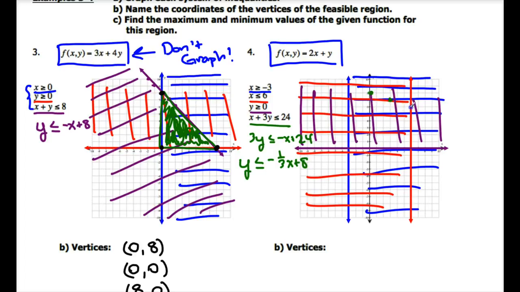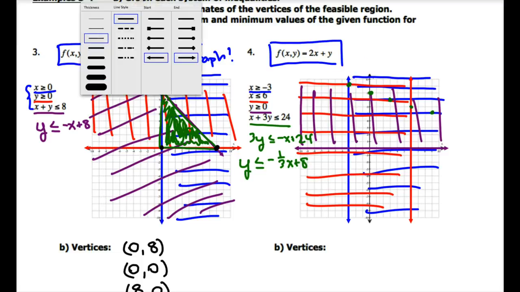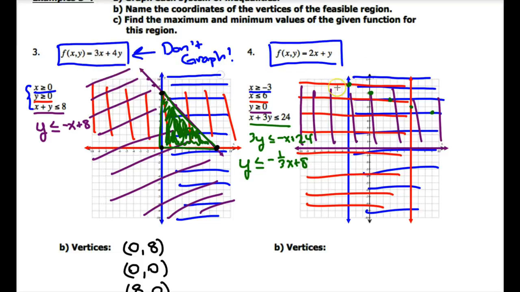Again, it's important to use a ruler when you're doing this so you can get your intersection points correct. Okay, so that's going to be this line right here. And for our shading for that one, we will be shading below.